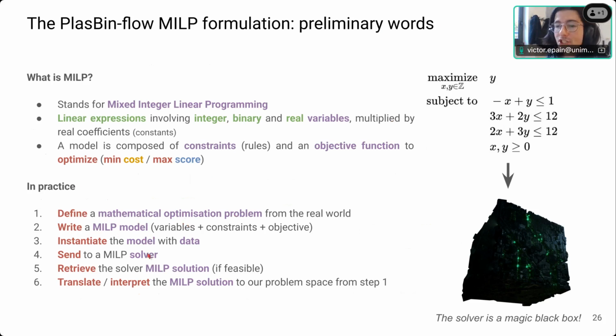Then you send it to this magic black box, which is a solver. You can use open source solvers or commercial solvers with an academic license, for example. Then you retrieve the solution given by the solver and you interpret it in your real world. Okay.